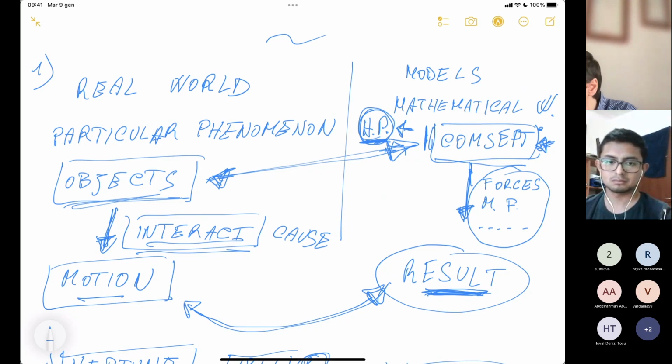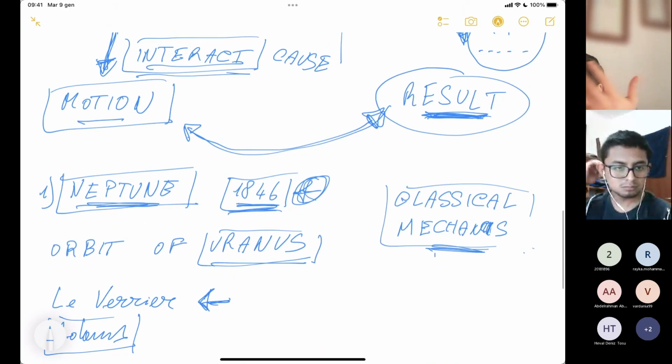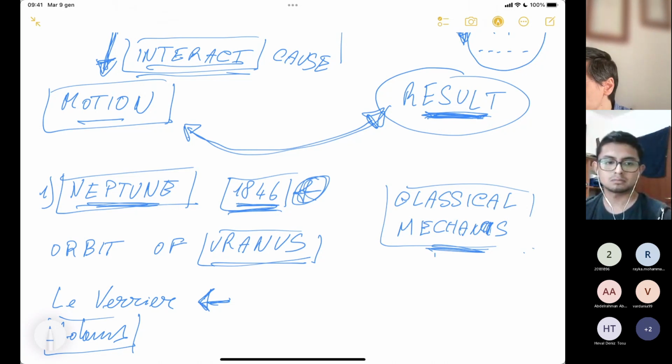In this case, using the classical mechanics they were able to discover Neptune, just from this odd situation in which the calculated orbit of Uranus was not in accordance with the theory that was considered the right one.